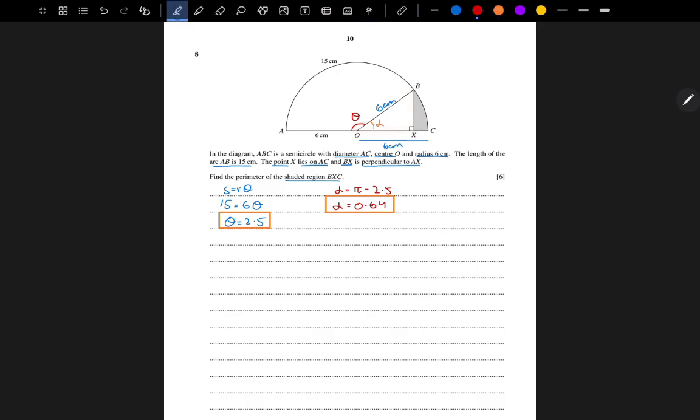In order to find BX, we can use trigonometry, and we'll have sine alpha, which is 0.64, equals BX upon 6, and this will give us BX equals 3.59.